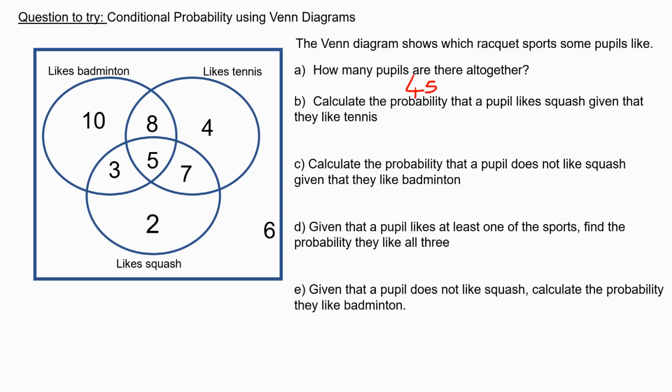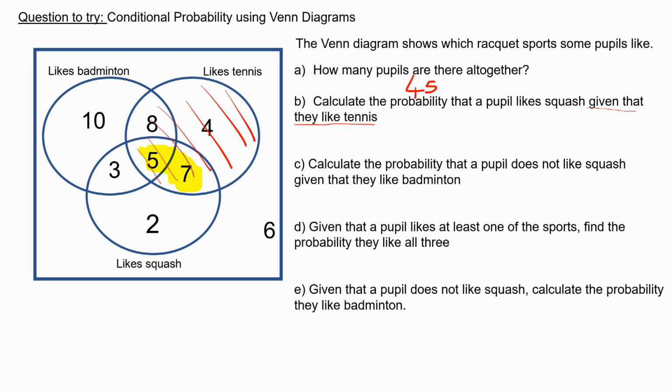For B, we need to work out the probability that a pupil likes squash given that they like tennis. Given that they like tennis means that I need to restrict myself to the tennis circle, and then within that look at how many pupils like squash. And I'm just going to get my highlighter. Now that's going to be these pupils here.